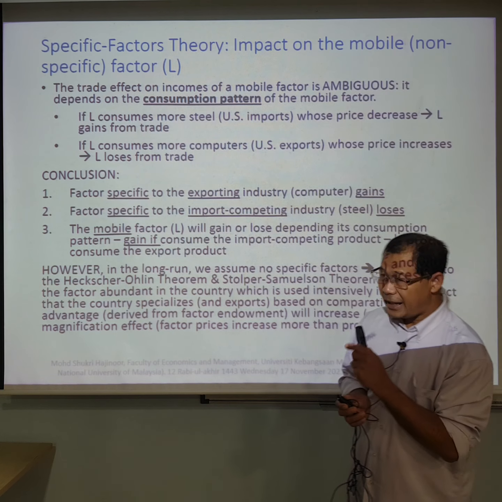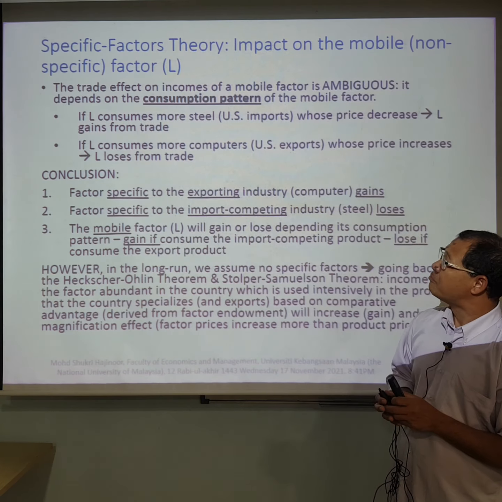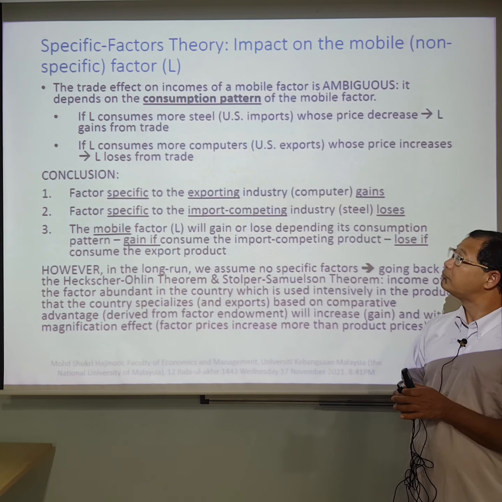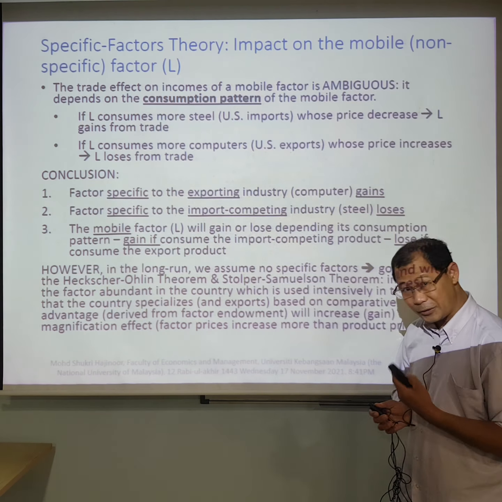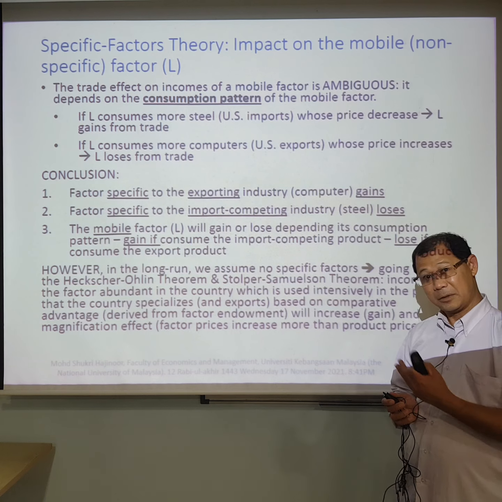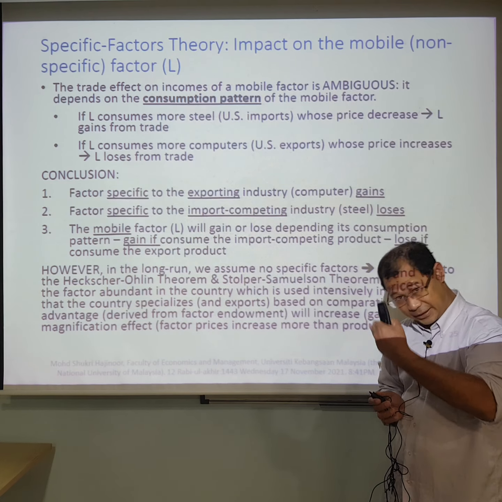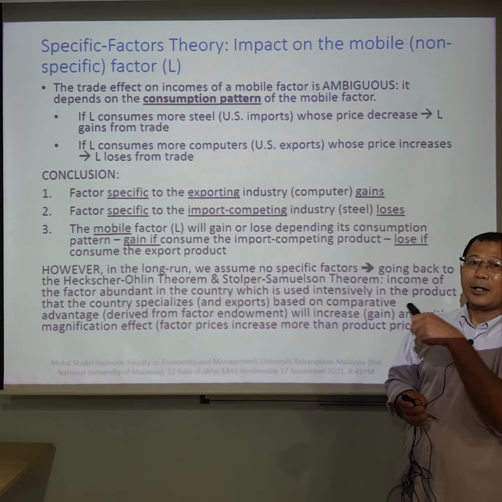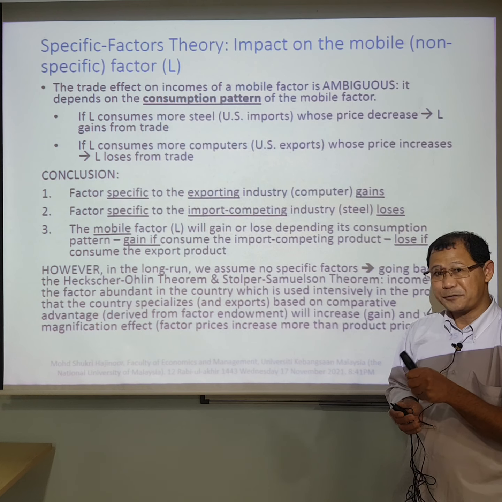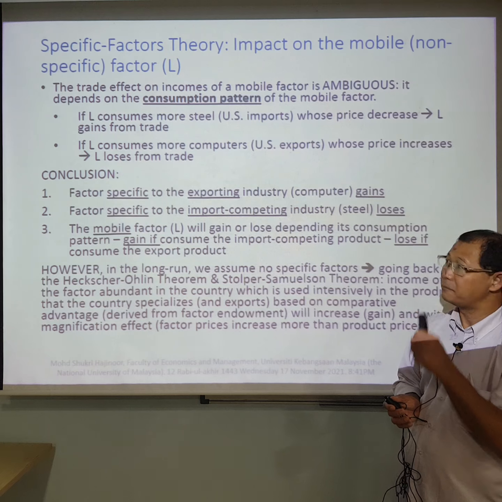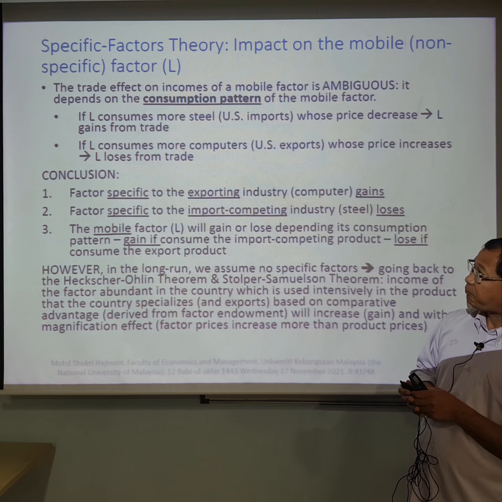So if L consumes more of steel, which the United States imports, because of international trade the price of steel has decreased, so labor will gain, their welfare increases because of trade.